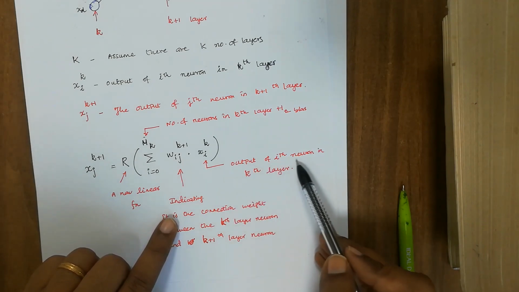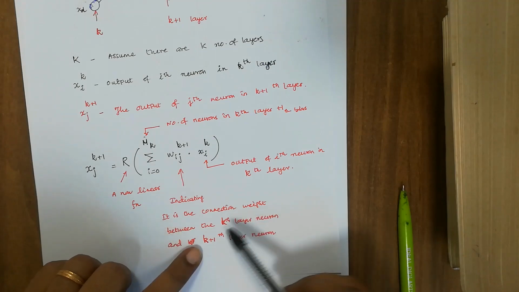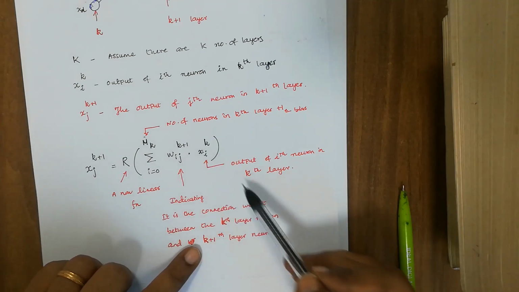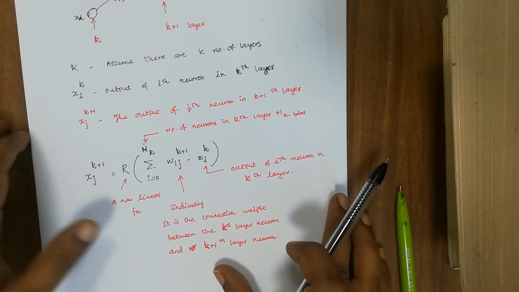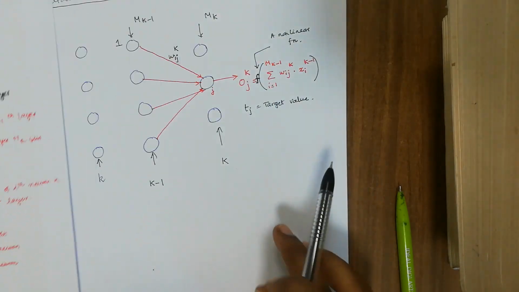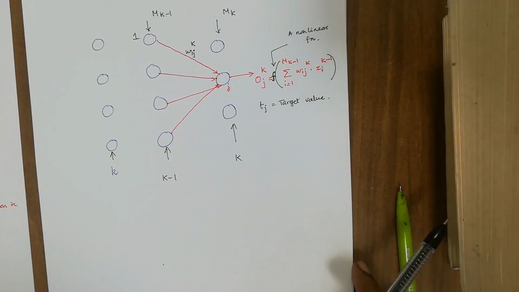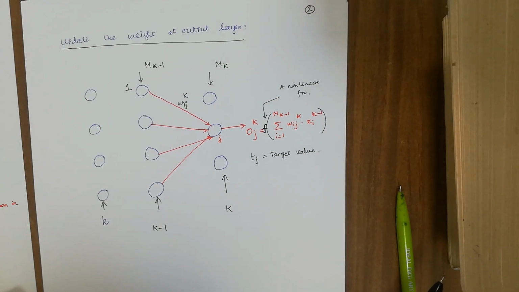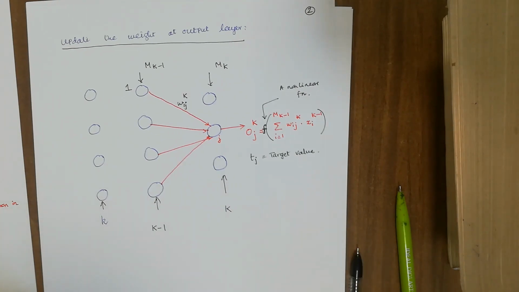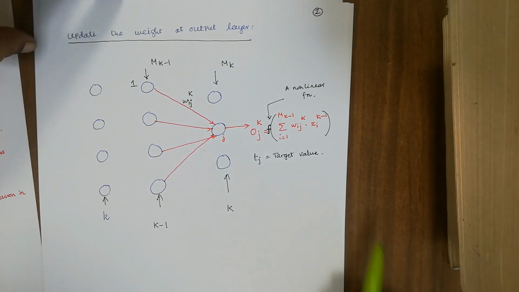This is the output of the ith neuron in the kth layer, and this is the connection weight between the kth layer neuron and the k plus 1th layer neuron. I'll keep this as such, and whenever we need, we can refer to it. Now let us go for updating the weight at the output layer. For this, let us consider this diagram.